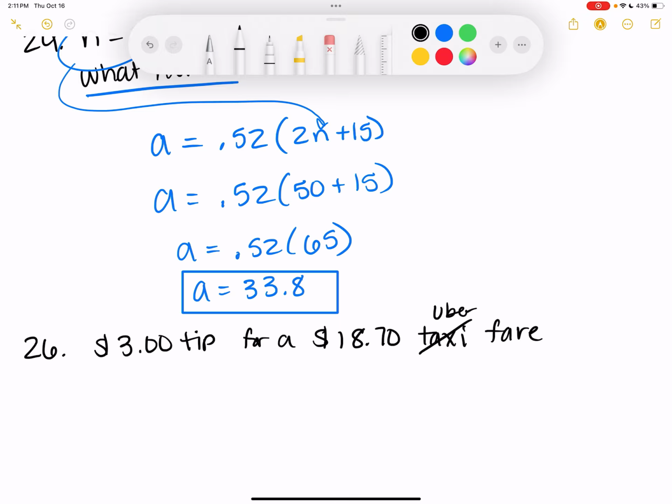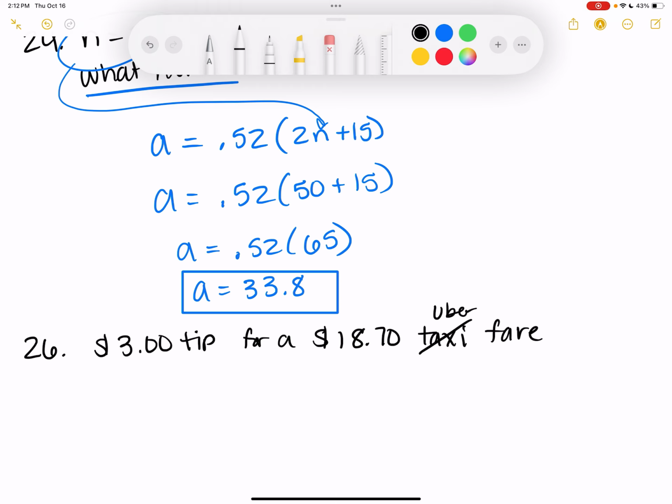All right, so a $3 tip for an $18.70, we're just gonna say Uber fare. So I'm trying to find the percent. They told me that in the instructions. So this would be just like you would find a grade in my class.